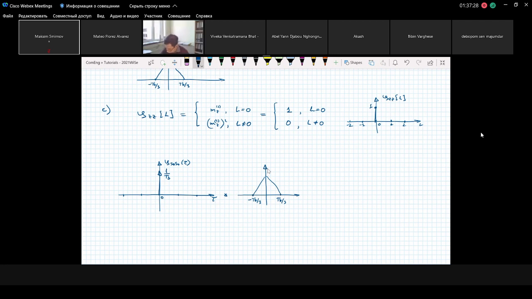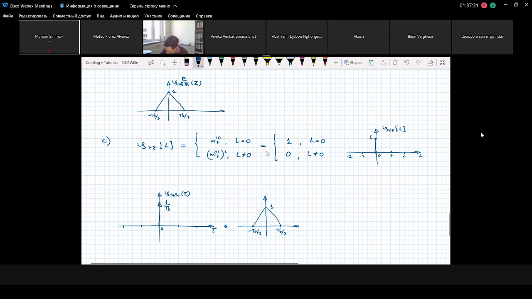And what was the amplitude? Amplitude was 1, psi1 of tau energy. As a result, we just need to replace the delta pulse by this triangular shape function and normalize amplitude. So the result will be a triangular shape function that goes from minus TB over 3 to TB over 3 and with amplitude 1 over TB.